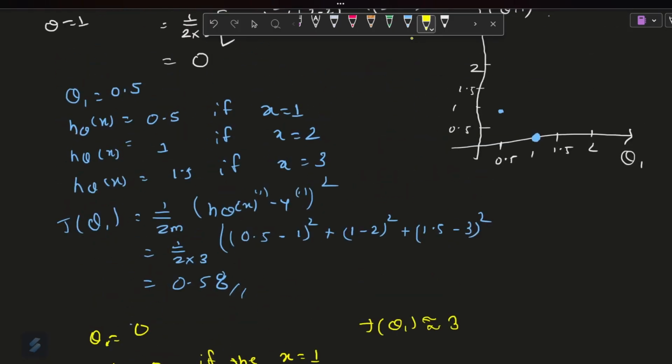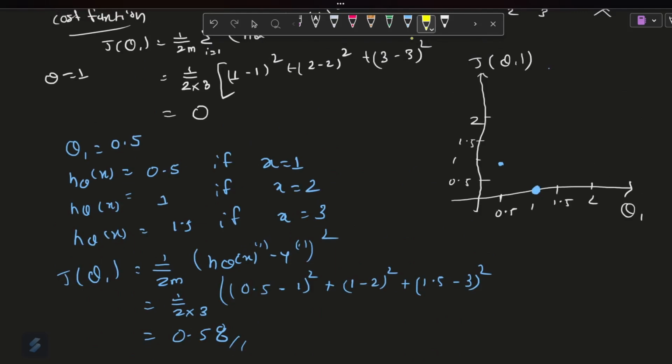So the point lies somewhere here. This is a graph. The graph is not made properly, but you understand the idea. This graph appears when you make multiple changes in the theta value.